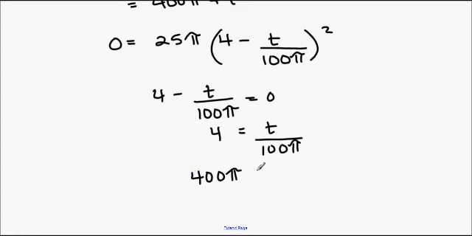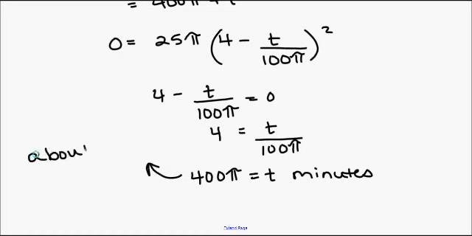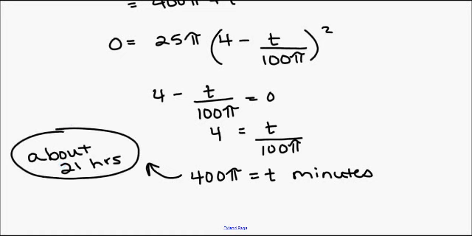So when t is 400 pi minutes, then the tank will be completely drained. Converting into time that you understand, instead of 400 pi minutes, this is about 21 hours. Okay, that's a long time to wait for the tank to drain. Let's go on to the next problem.